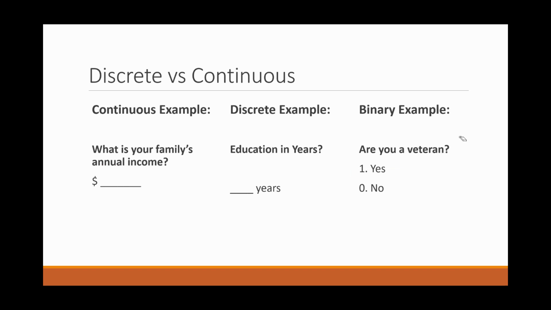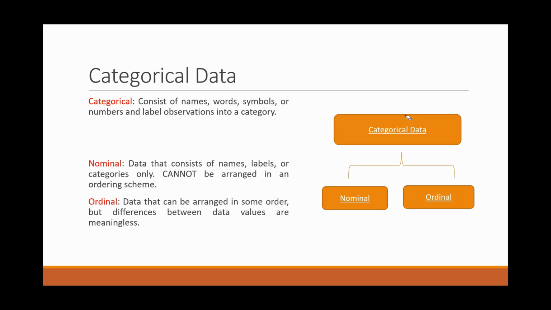I mentioned a moment ago that binary variables are really categorical variables. And so this would be a good example of a simple categorical variable. Are you a veteran? Yes is 1, no is 0. So this number 1, all it does is label that person as a veteran. And the number 0, all it does is label that person as a non-veteran. All right, so that would be an example of a categorical variable. We'll see more in a moment.